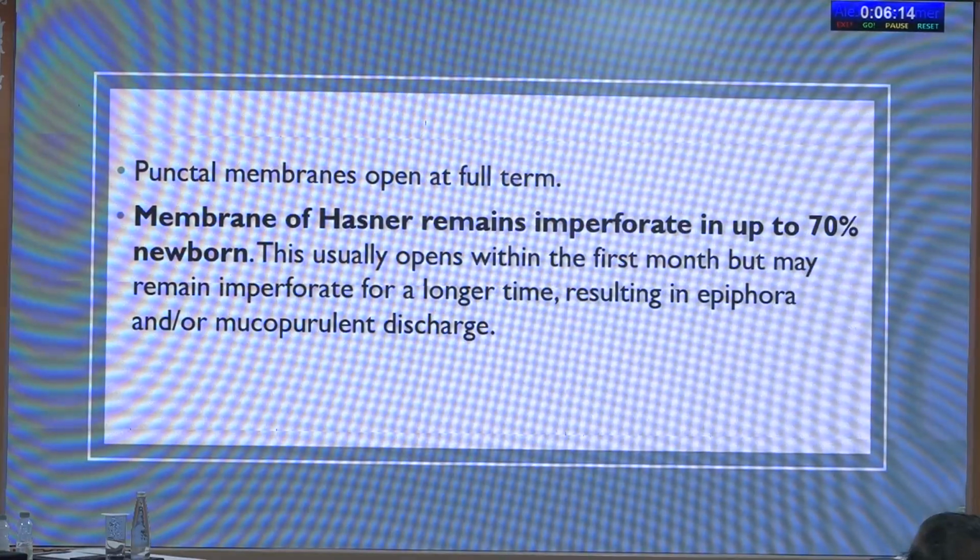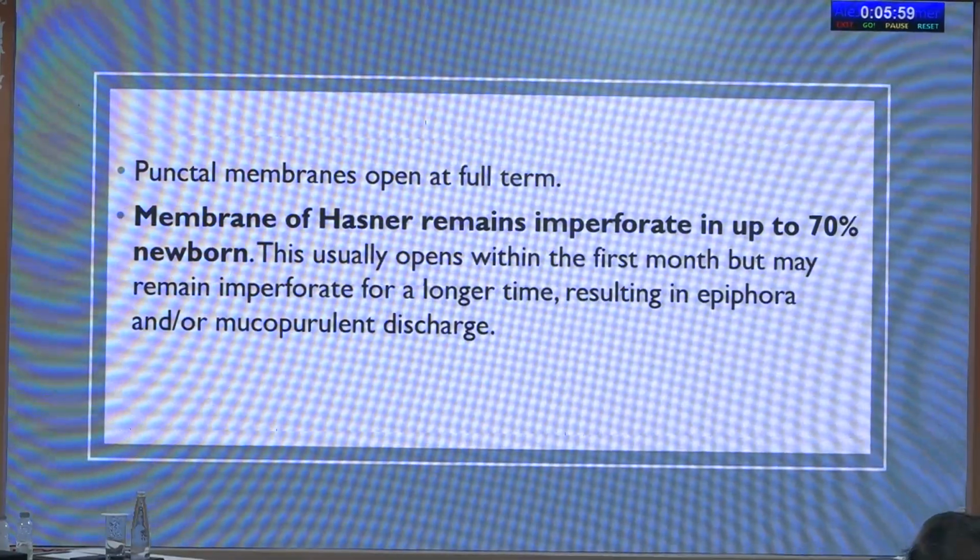Now you have the punctal membranes at both ends that are open at full term, and you have the membrane of Hasner, which remains imperforate in about 70% of newborns, but they usually open up within the first month.